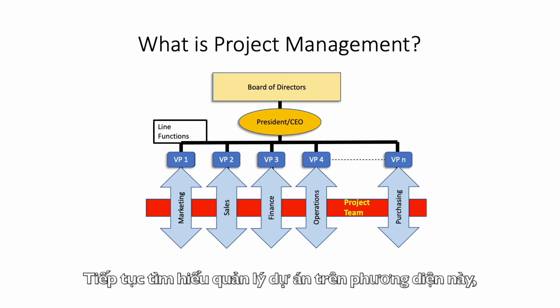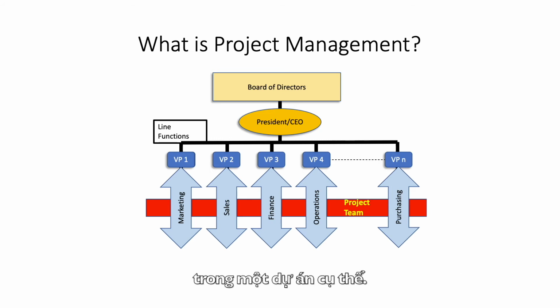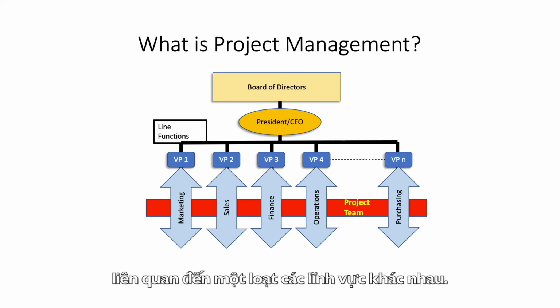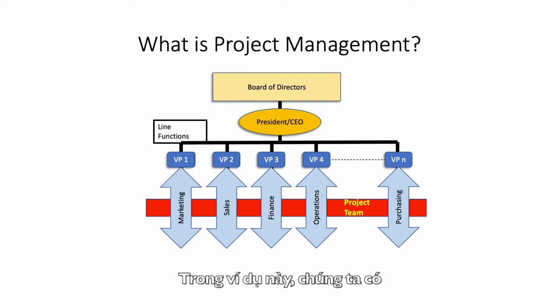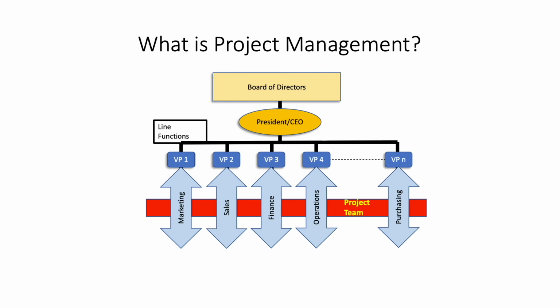With this view of project management, we can now start to imagine the roles that project managers play in running a project. One of the key pieces here that's demonstrated is that the skills that are required to execute a project come from a wide variety of disciplines. In this example, we're showing marketing, sales, finance, operation, and purchasing.